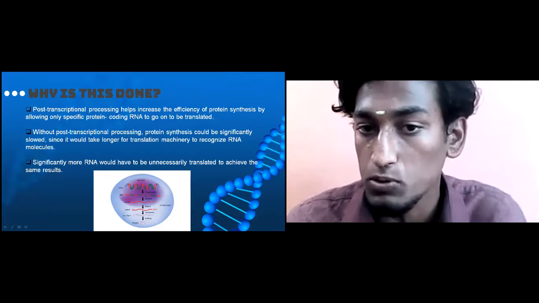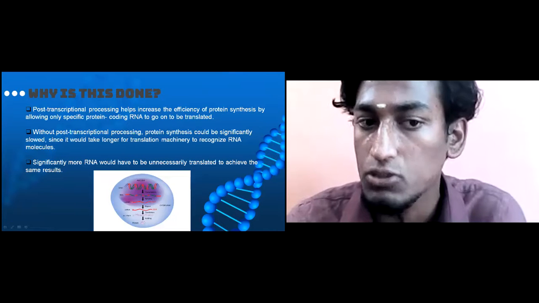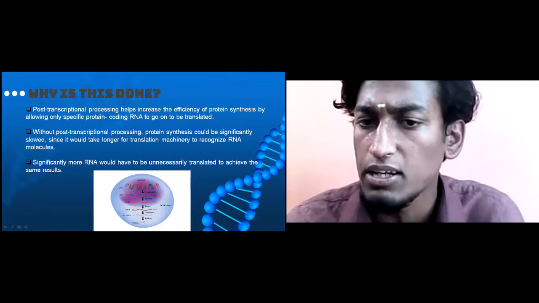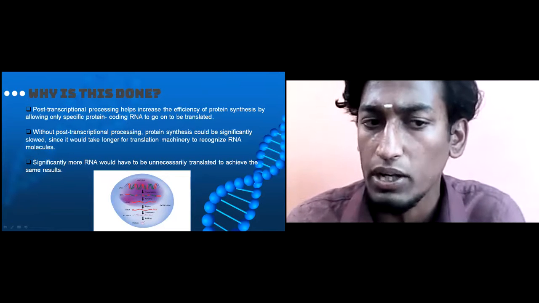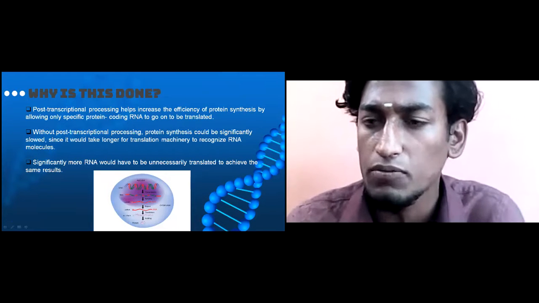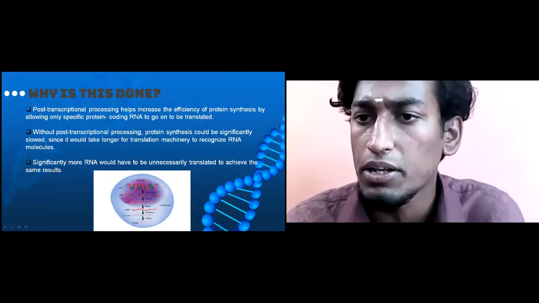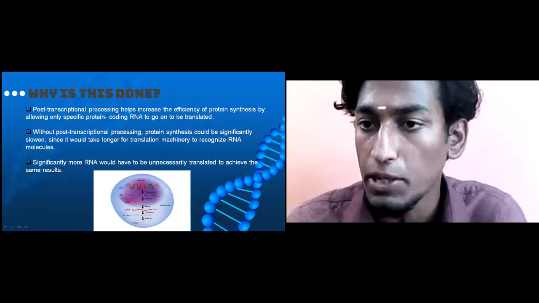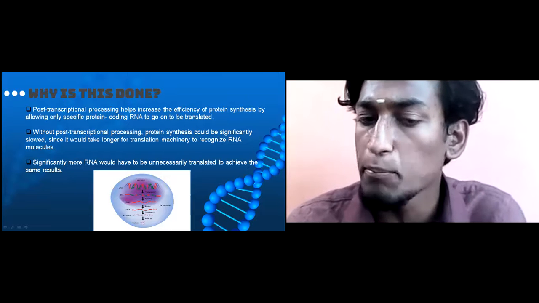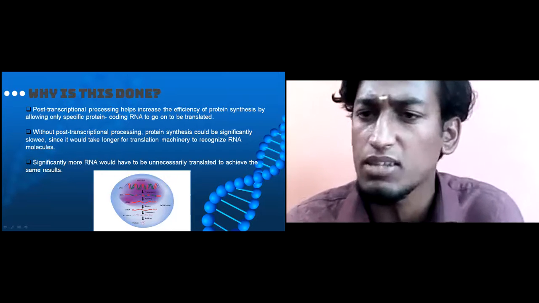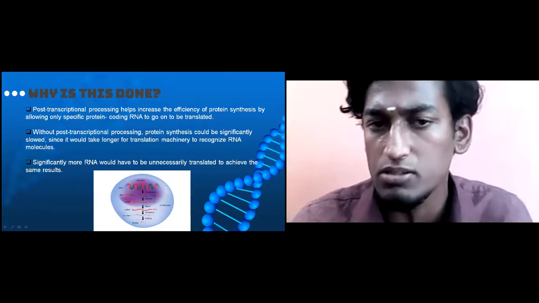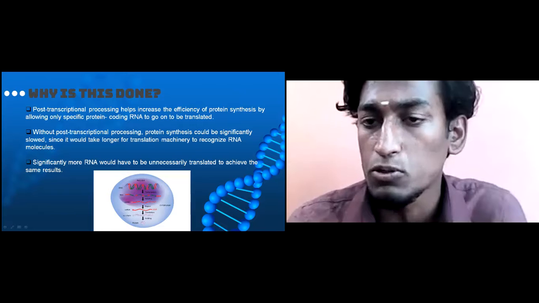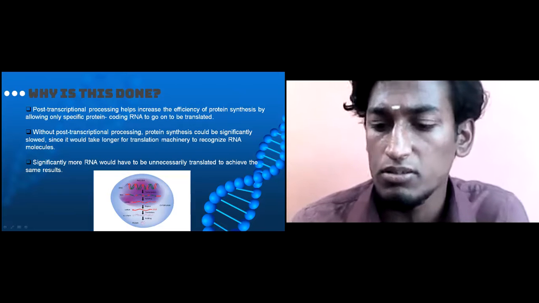Without this process, protein synthesis would be significantly slowed, since it takes much longer for the translational machinery to recognize these RNA molecules because of the unwanted or non-coding regions in the primary mRNA, or pre-mRNA, which is not functional. Significantly more mRNA would have to be unnecessarily translated to achieve the same results. So this post-transcriptional modification is much required, and these are the reasons.